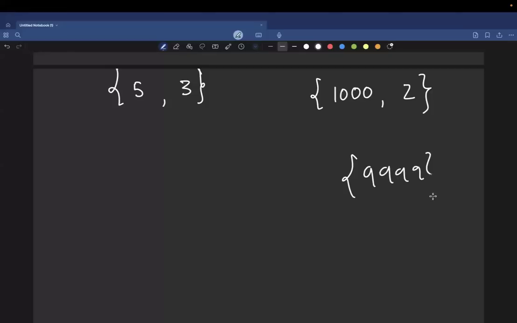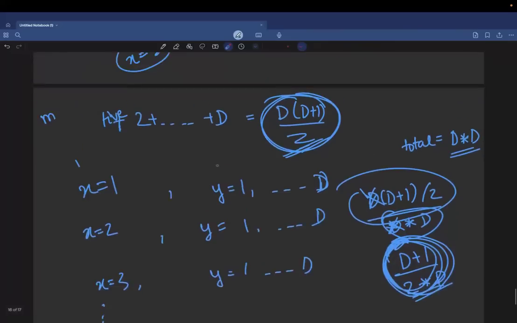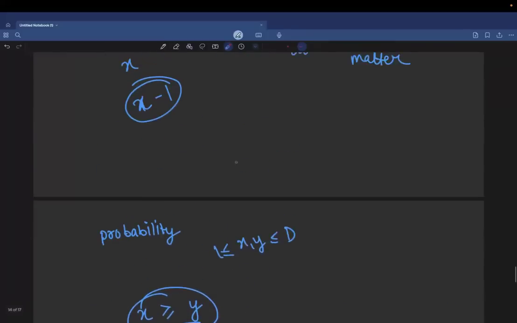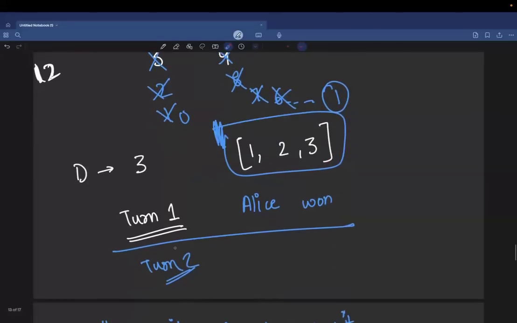See, if the piles were like 5, 3, or let's say even if the piles were like 1000, 2, or even if the piles were like 9999, what will happen is, whoever wins the first turn will remove one of the piles. Then again, a fresh die would be rolled for the next turn.